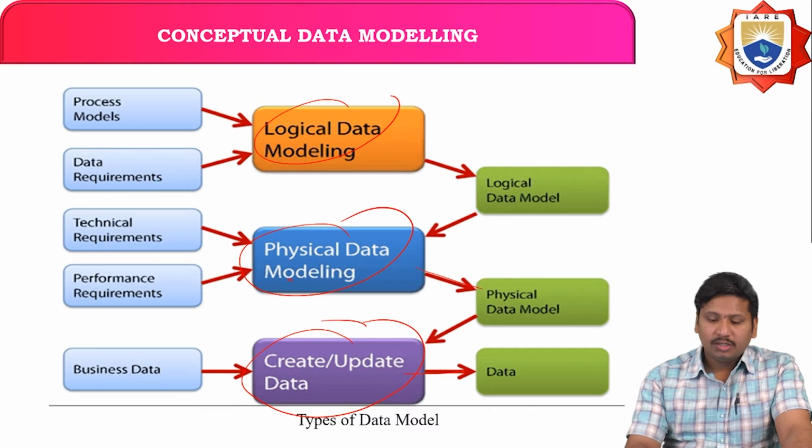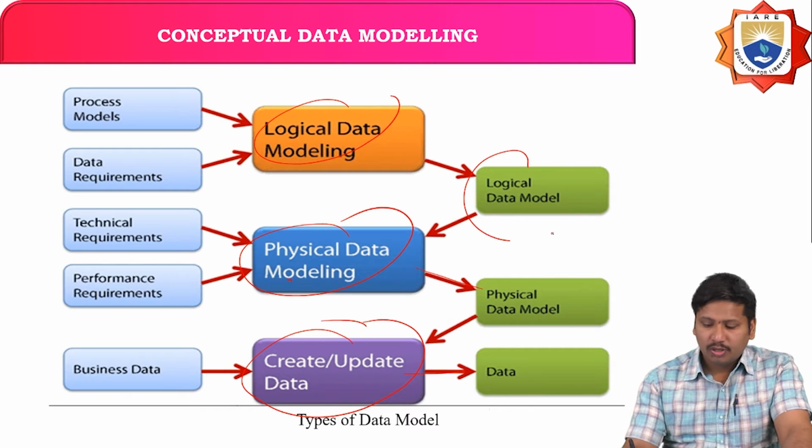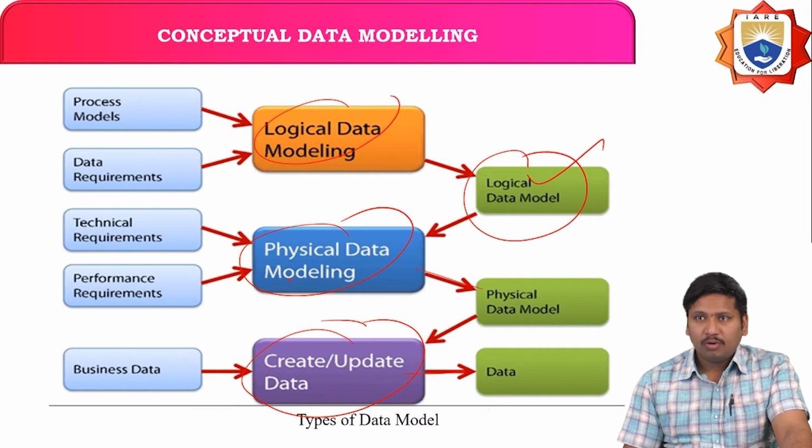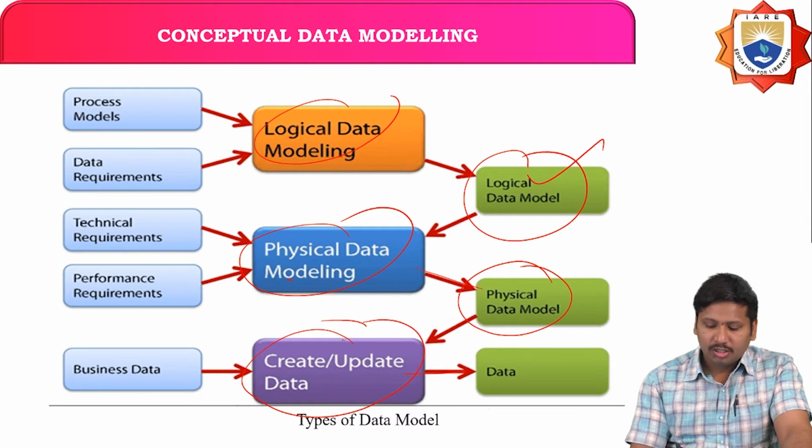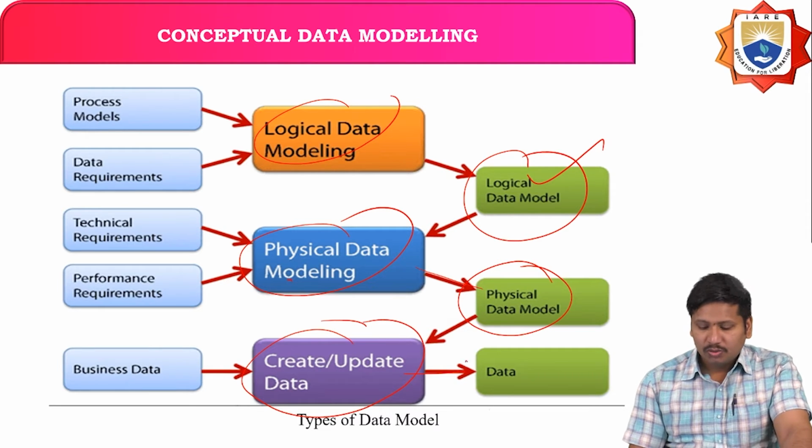Once this is done, we can construct the logical data model. It is then sent as the input to the physical data model, and the physical data model is constructed. Finally, this is injected for creating and updating data, so that the actual data can be obtained here.